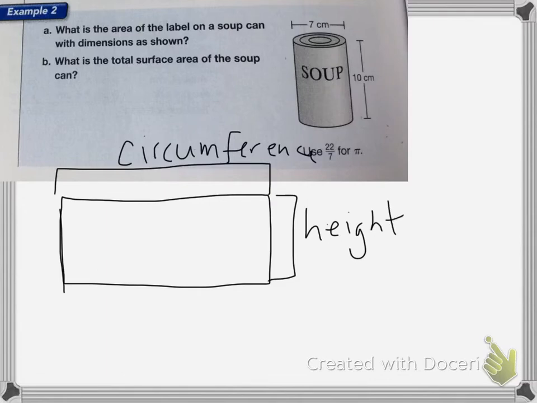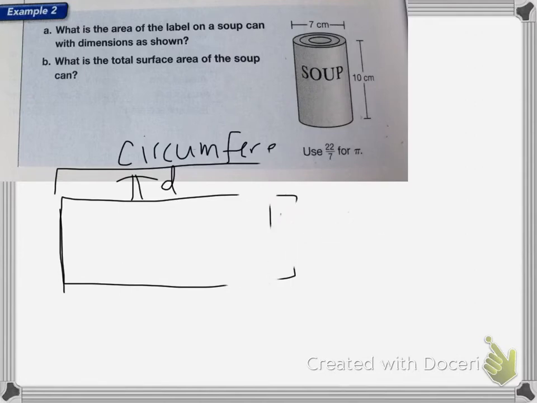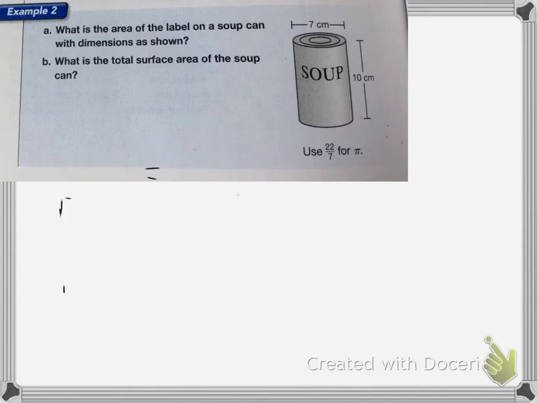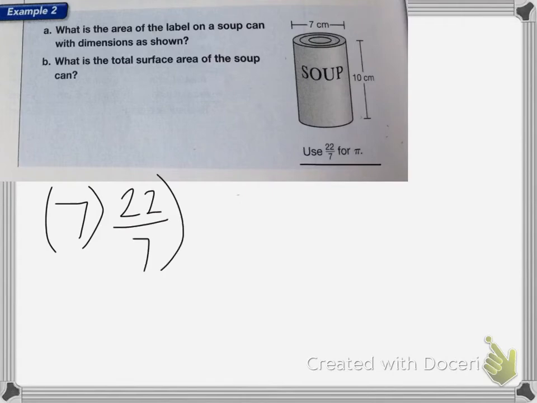Okay, so we call this the lateral area and the lateral surface area. So to find this, for the length it is going to be pi times diameter, because that's the circumference. And the height, of course, will just be the height. So to write this out, the circumference, which was pi times diameter, would be 7 times 22 sevenths, which is what it says to use for pi.